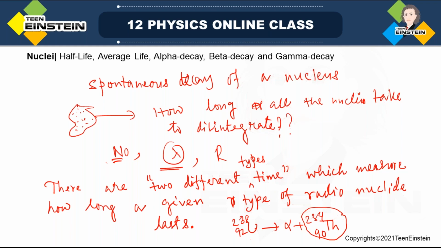That means if one nucleus decays, we lose one nucleus from uranium. Like that, we'll be losing nuclei after a certain time interval. To decay all the uranium nuclei, if there are N0 of them, how long does it take? That depends on lambda, the initial number, etc.